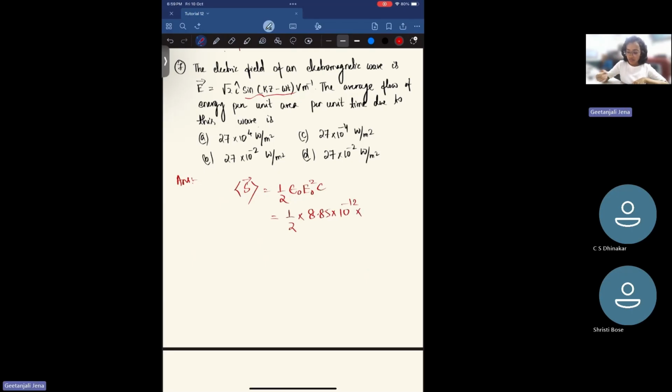E naught is the magnitude of this amplitude, which is root 2. Root 2 square will be 2, and 3 into 10 to the power 8. This will cancel and you will get around 27 into 10 to the minus 4.